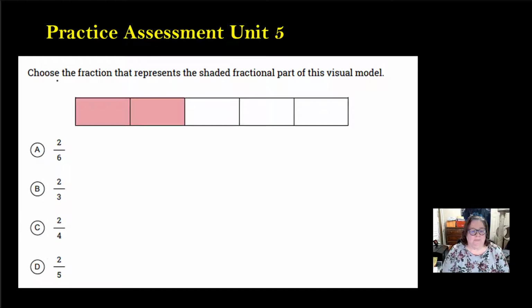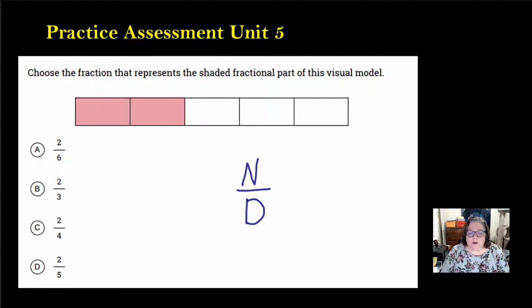Let's jump in. Choose the fraction that represents the shaded fractional part of this visual model. Okay, so here are our fraction choices, A, B, C, or D, and then this is the visual model. Just as a little bit of review, whenever we have a fraction, it has two parts, a numerator and a denominator.